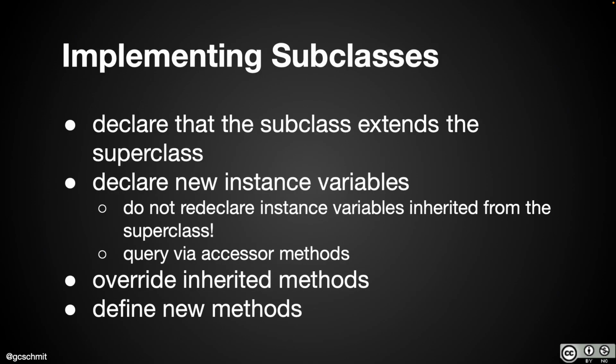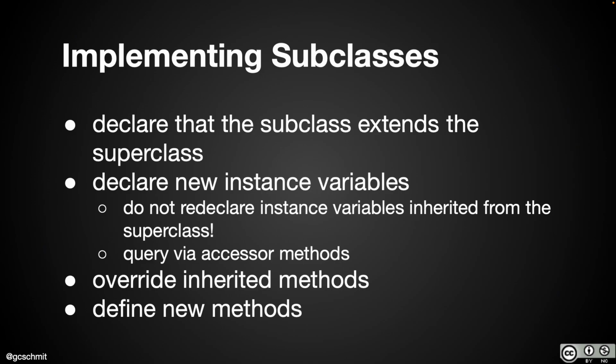All right. So here's what we're going to do with live coding here in just a moment. We're going to implement a subclass. And I'm going to show you how a subclass declares that it extends the superclass. I like this word extends because you're thinking like extending the behavior of, and the Java keyword we use is literally extends.